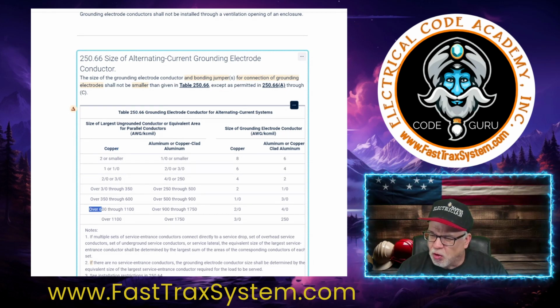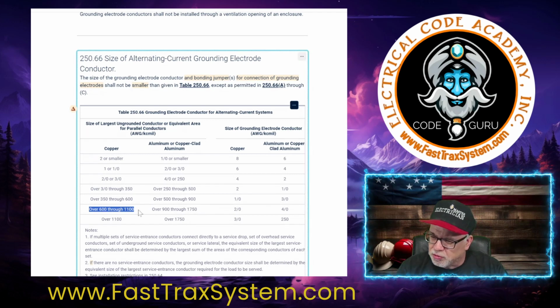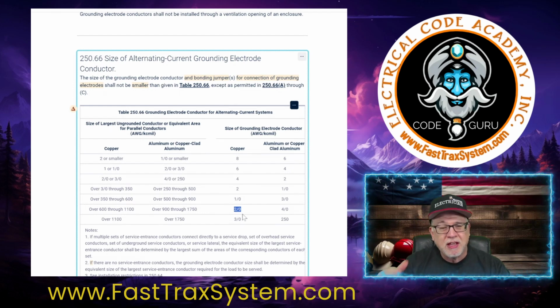So right here, over 600 through 1,100. Then you simply find the conductor sizes of the ungrounded hot conductors. And then you move to the right. And here you go. So your grounding electrode conductor would have to be at least a 2-aught. If you were using aluminum or copper-clad aluminum grounding electrode conductors, then it would have to be a 4-aught. So it's really just that simple as long as you know the size of conductors.